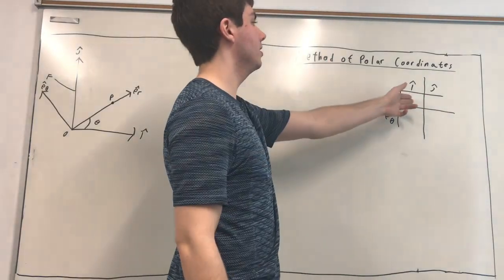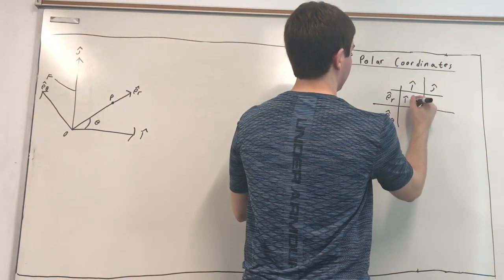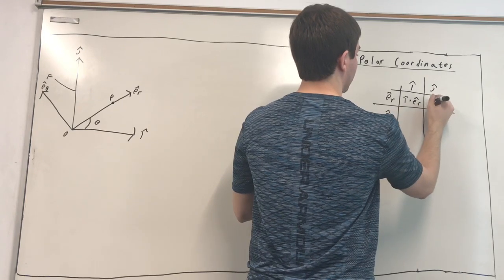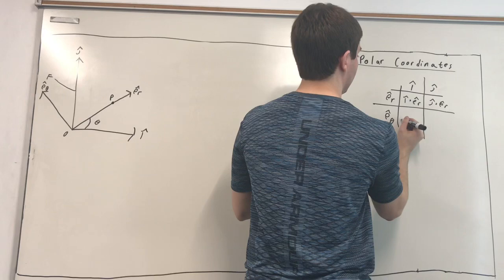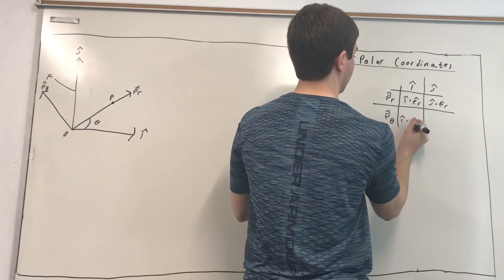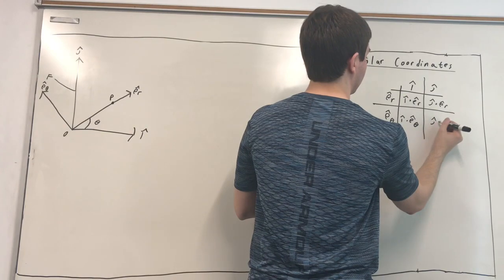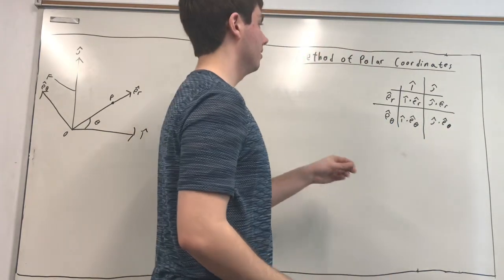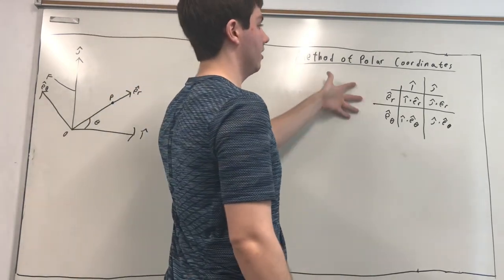So what you put in between here is i hat dotted with e hat r, j hat dotted with e hat r, i hat dotted with e hat theta, and j hat dotted with e hat theta. So simple enough.